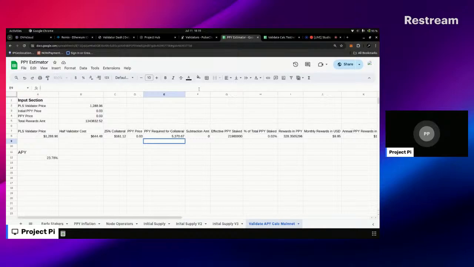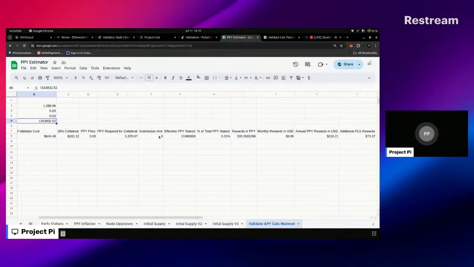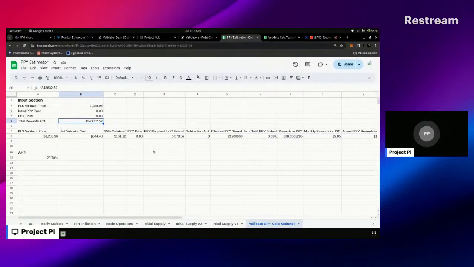So the total amount of rewards would be just multiplied from testnet by 3.5. So if I were to look at some of these values, I can see that it still translates very well. 25% collateralization, assuming 3% PPY price from TGE, still gives you the 23.78% on mainnet.